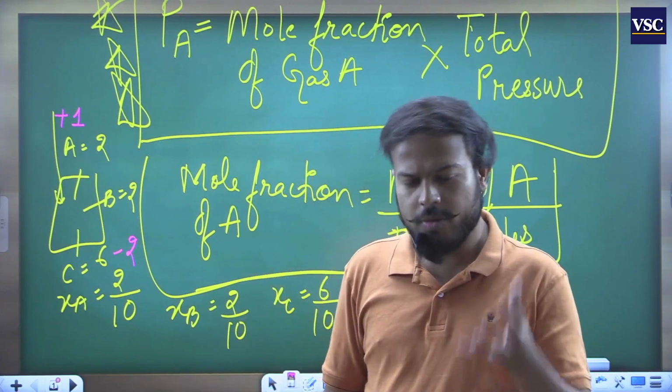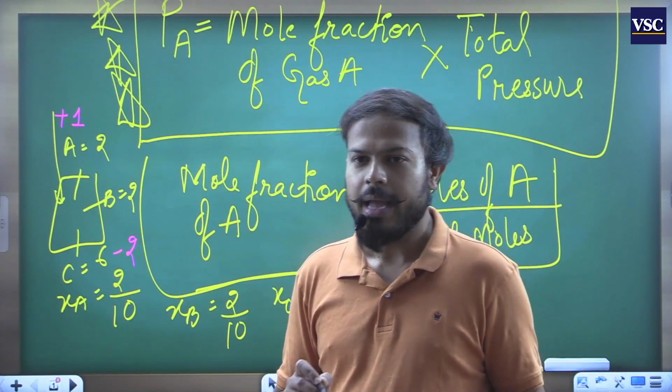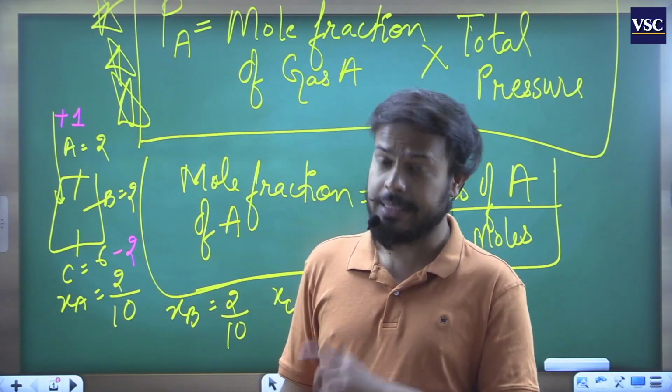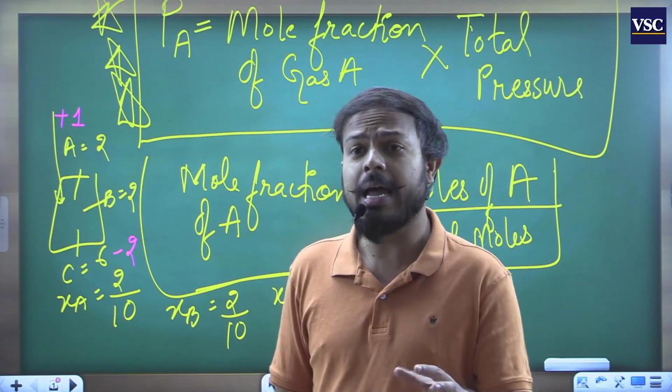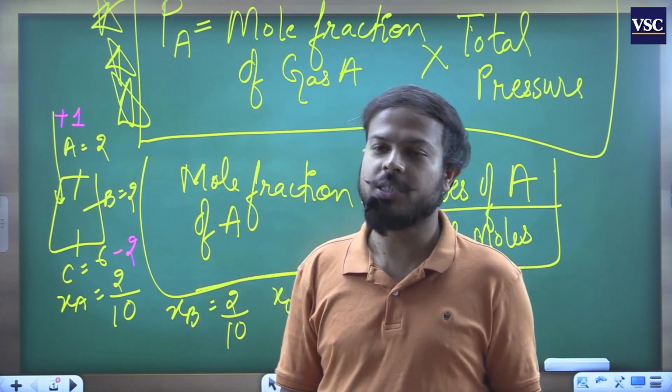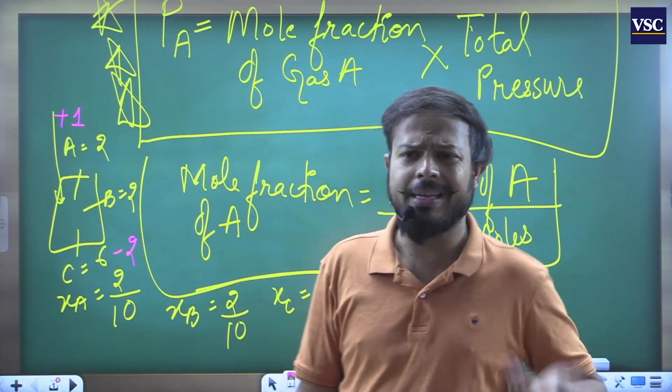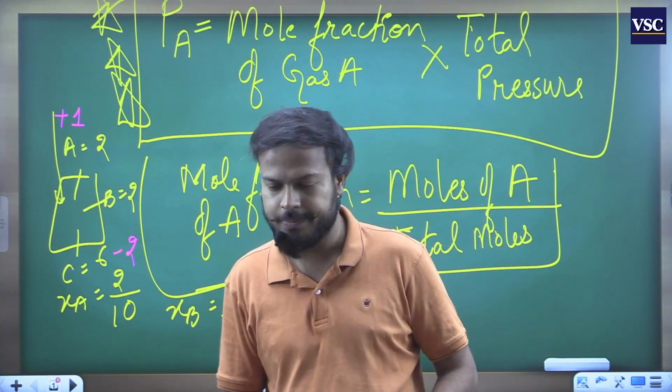You have just added 1 mole of A and removed 2 moles of C. Now the question is, what will happen to the individual partial pressure of A, B and C? Will it change or will it remain the same?